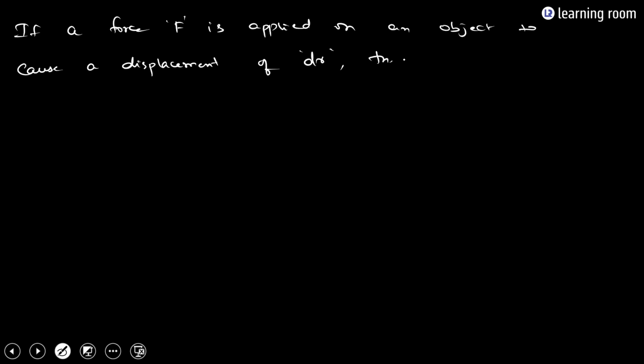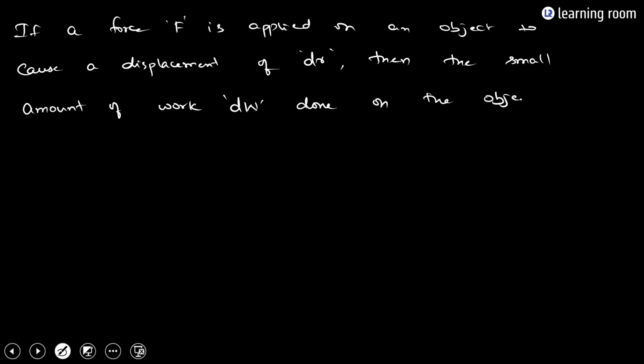Then the small amount of work dW done on the object is dW is equal to F dot dr. Okay.